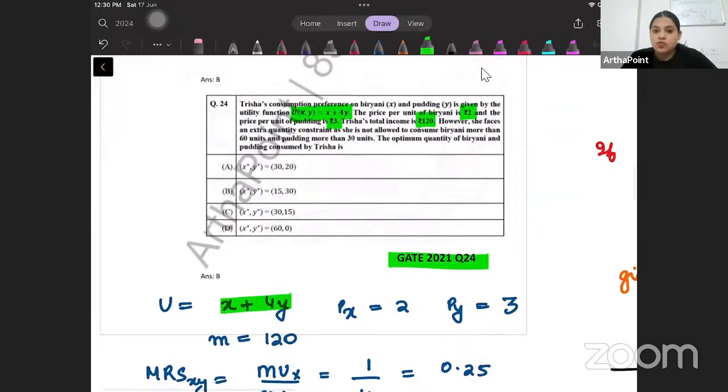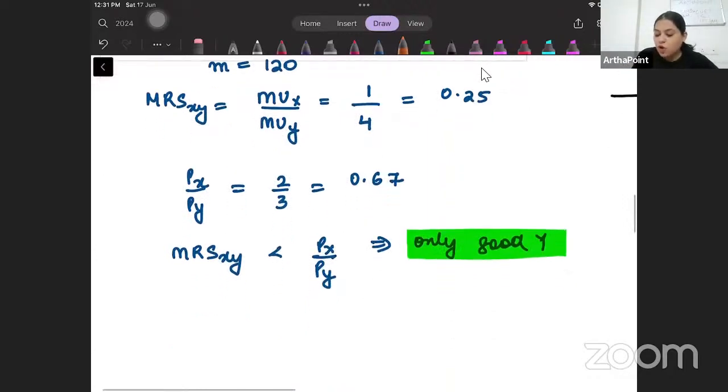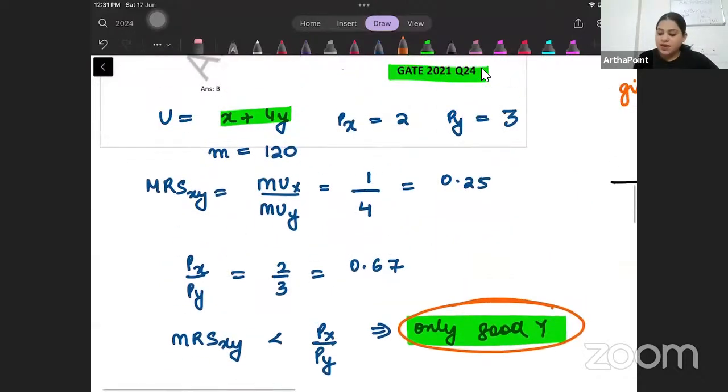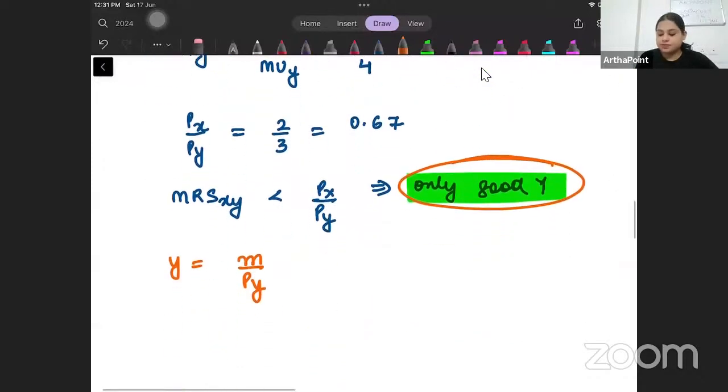But now read the question. She faces an extra quantity constraint. She is not allowed to consume biryani more than 60 units and pudding more than 30 units. Pudding is good Y. She should be consuming all of good Y. So how much good Y should she be consuming? She should be consuming M by Py. Beta, income is 120.